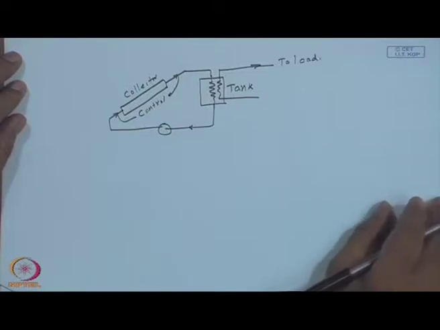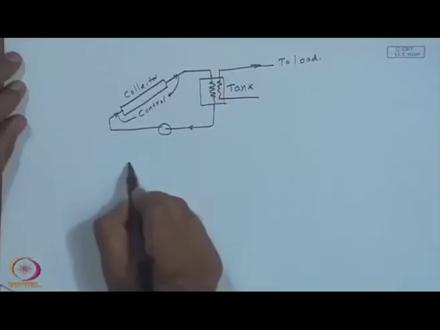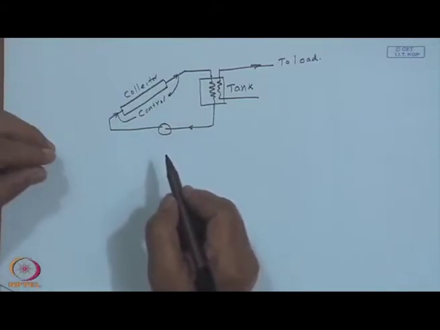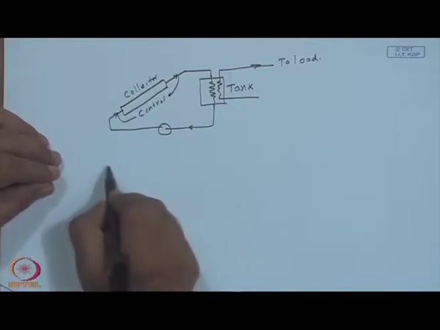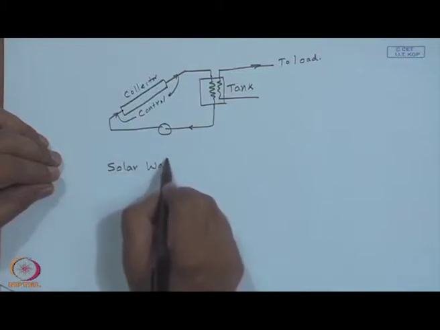So, it is very nice to talk about one collector, and then also people say why not we use the optimum angle every month, change it once a month. So, it might not be a very bad idea, but now imagine a solar water heating system.